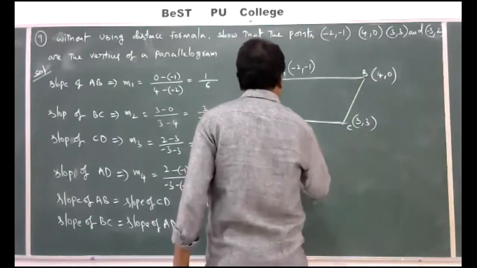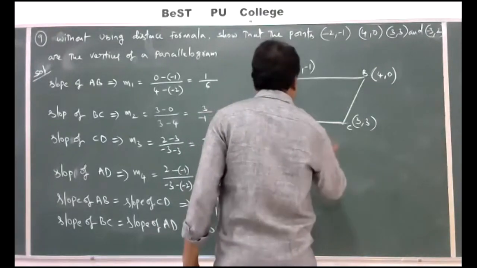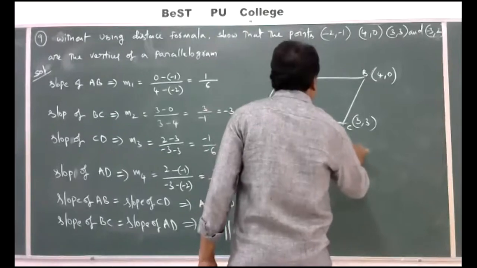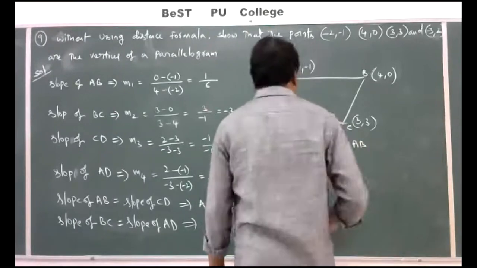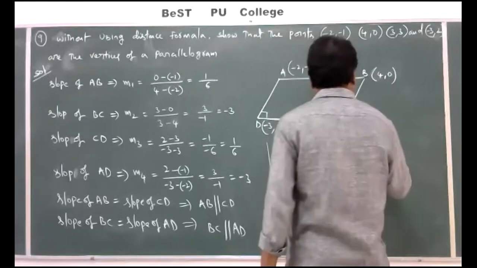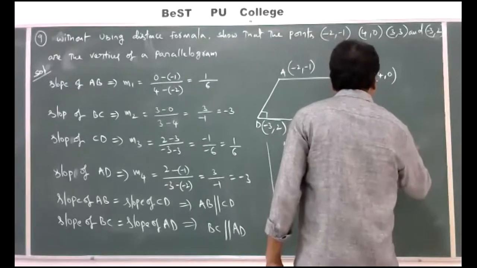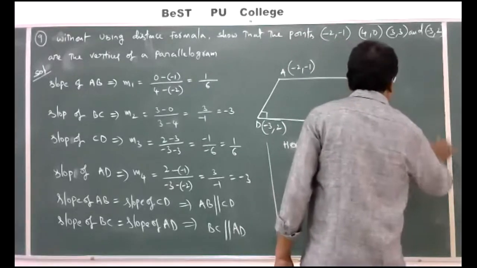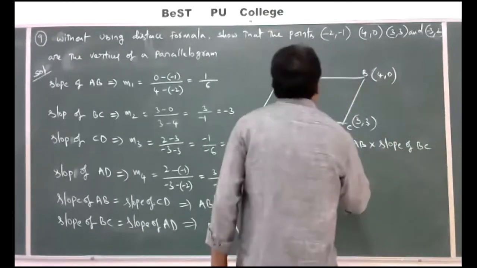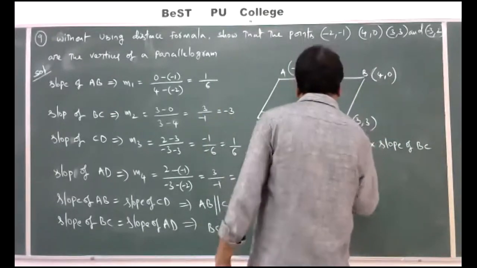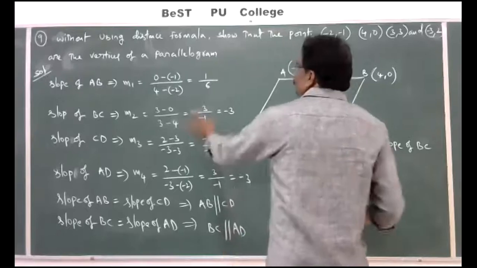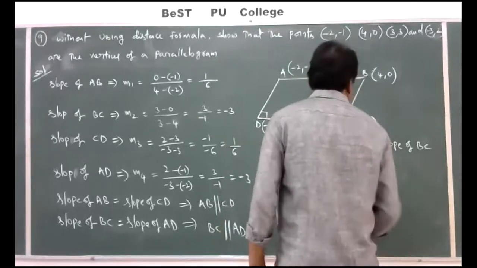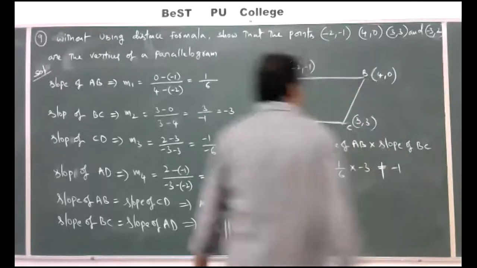Here, slope of AB into slope of BC, that is 1 by 6 into minus 3, is not equal to minus 1.